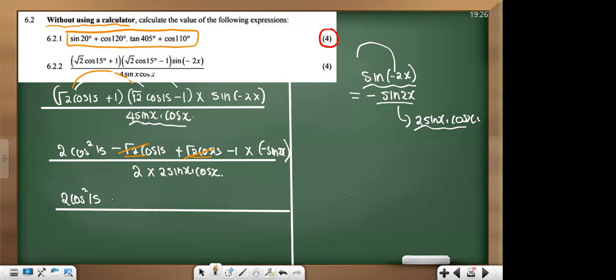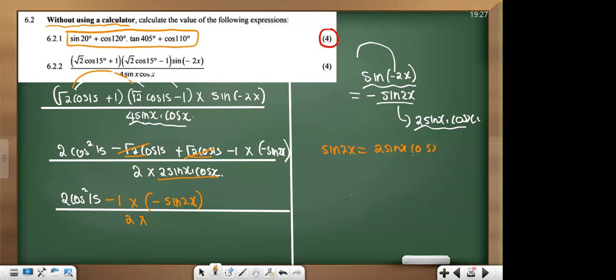So I'm left with -1 times negative sine 2x divided by 2 times... What is this? Aha, what I have here is the same identity. Let me write it down for clarity. I have sine 2x, which can be written as 2 sine x cos x.